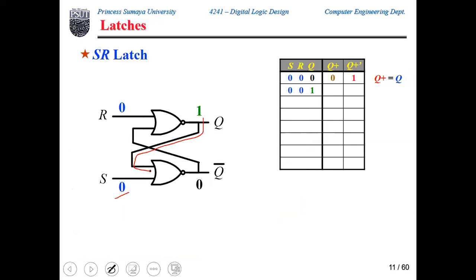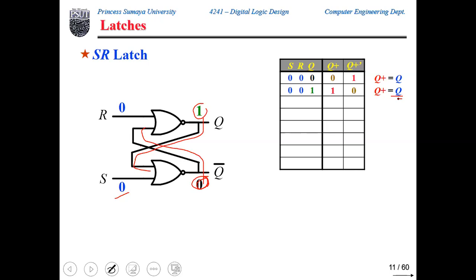So 1 or 0 is 1, complement 0. Then 0 or 0, 0, complement 1. So nothing has happened to Q and Q bar. Again, Q of t plus 1, the new value that will appear on Q, is basically the same old value.